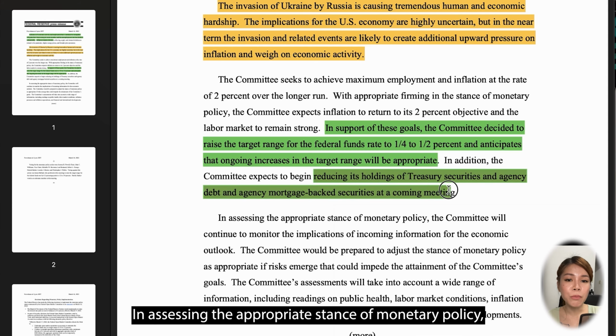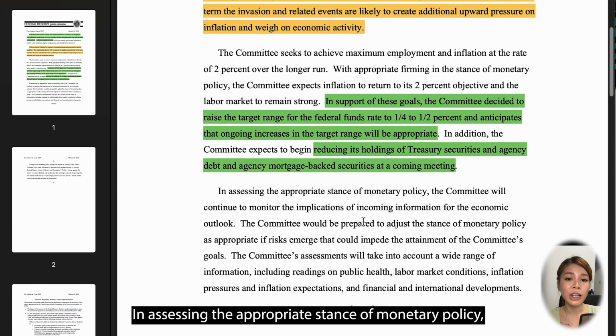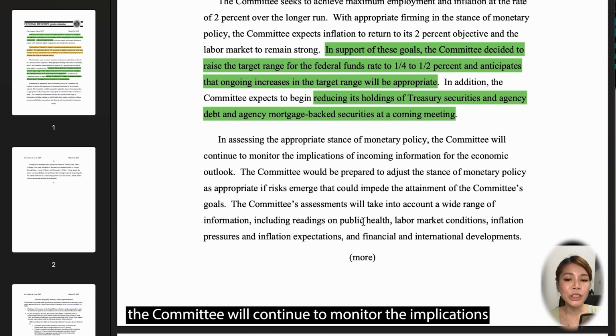In assessing the appropriate stance of monetary policy, the committee will continue to monitor the implications of incoming information for the economic outlook. The committee would be prepared to adjust the stance of the monetary policy as appropriate if risks emerge that could impede the attainment of the committee's goals.